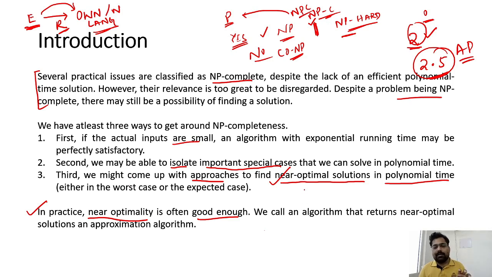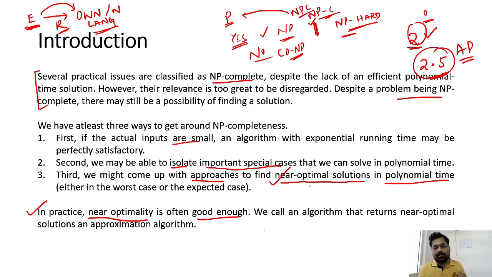Out of these 3, we can never guarantee the input size, because n is not yet defined. n could be 10, n could be 20, n could be anything. So n could not be small. And here also we cannot compromise with the number of inputs.